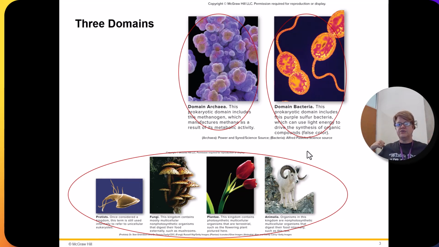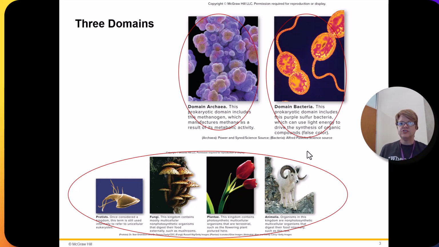There was a guy who did some gene studies and found that what had originally been all one grouping, we used to call it Monera, is actually two very different groups of organisms. The guy's name was Carl Woese, W-O-E-S-E.